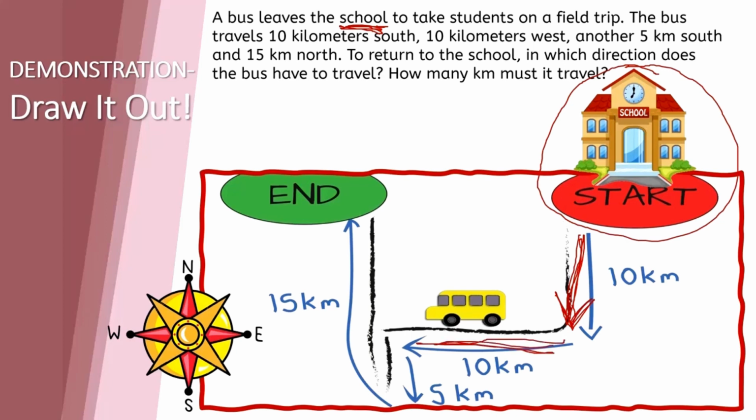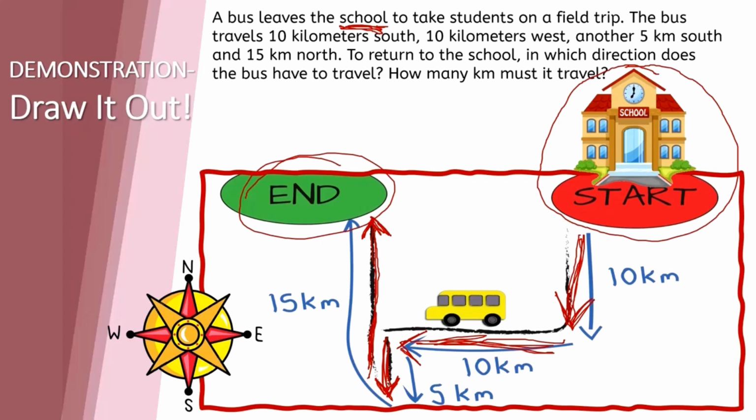So here's 10 kilometers west. Another 5 kilometers south. 5 kilometers south. And 15 kilometers north. So 15 kilometers north. So it ends up right here. Here's the school field trip.